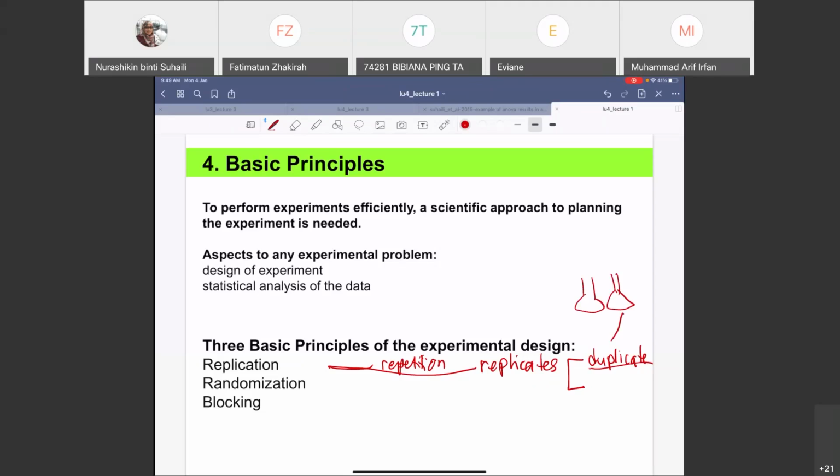Kalau more, let's say 4, much better. Because if you have 3 and anything happens to one of your flasks, let's say it's contaminated, in biotech we have this kind of problem, contamination, you can still have two samples. So two samples for you to present the data is fine.